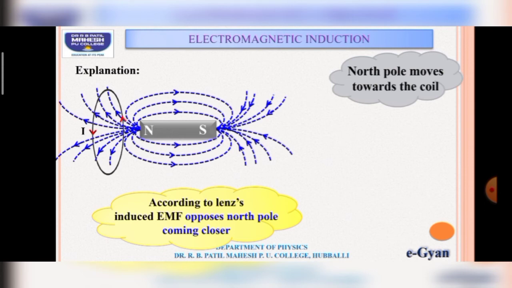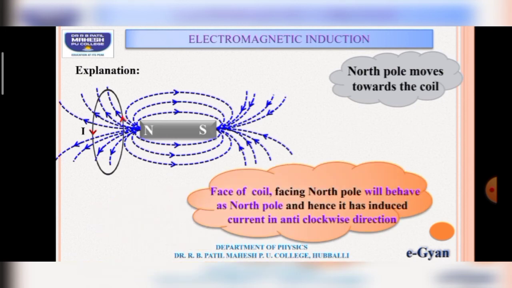Here, whatever EMF is induced will apply a repulsive force on the north pole of the magnet moving towards the coil. That is, the face of the coil facing the north pole will behave as a north pole, hence it has induced current in the anti-clockwise direction.